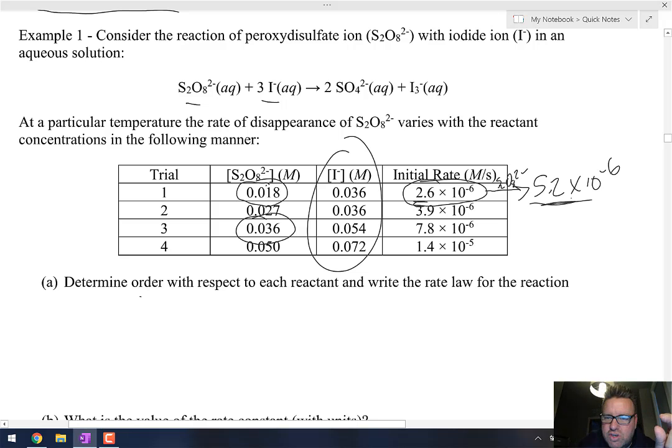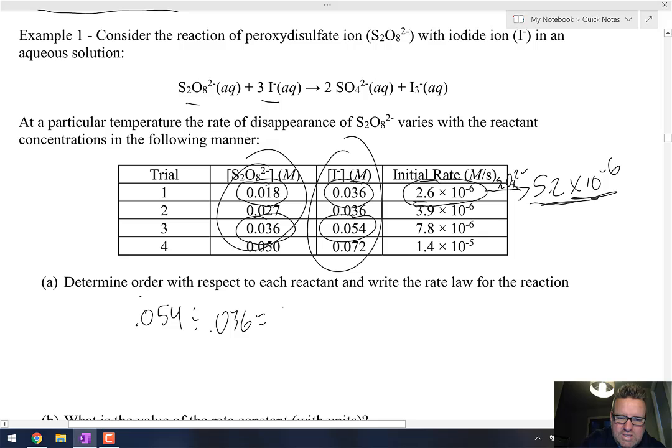Now that we have this new rate based on the fact that S2O8 2- doubled, now we can look at I minus. What does I minus do in those same two experiments? Again, if you're not sure, then divide them. Take 0.054 and divide by 0.036. Again, it should equal 1.5. Okay?